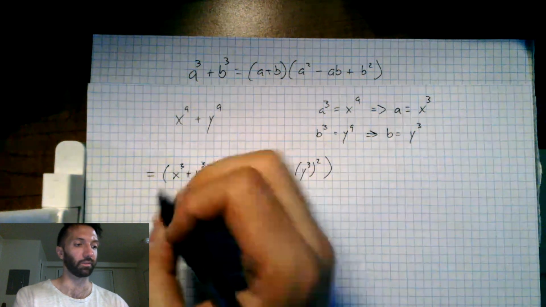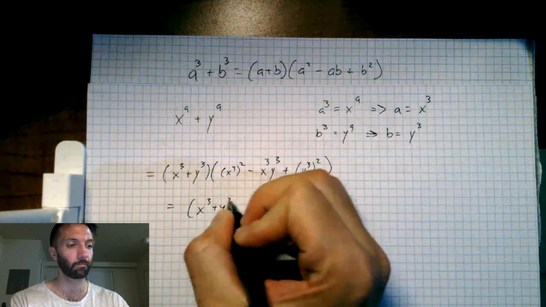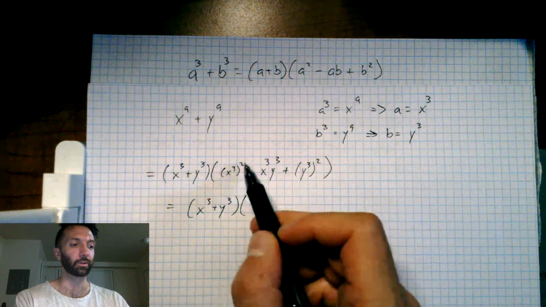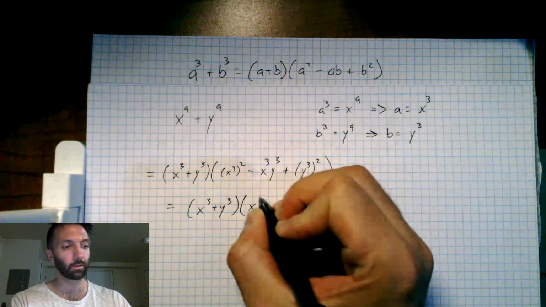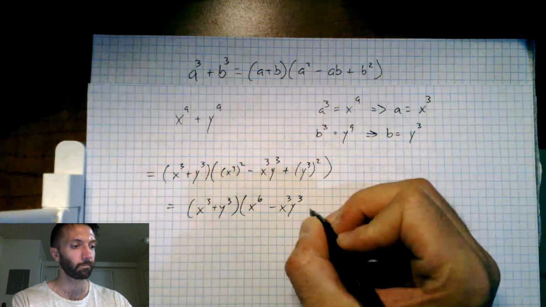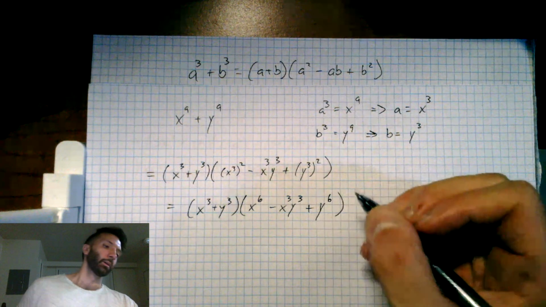Now we can simplify that. So x to the 3rd squared is going to be x to the 6th. And then we have our y to the 6th there.